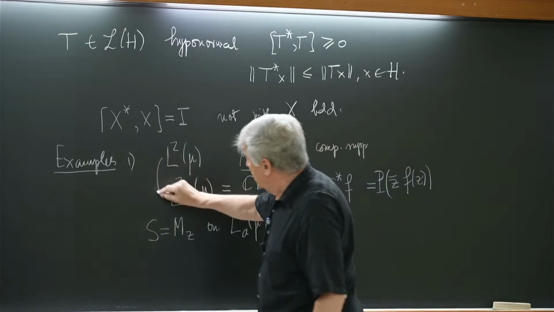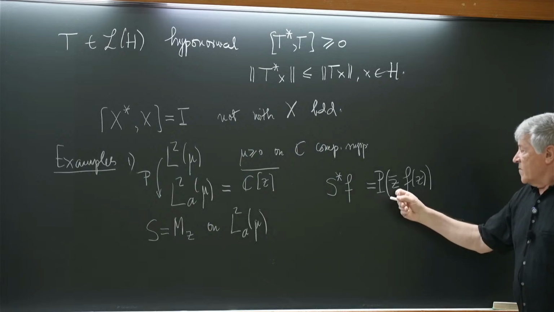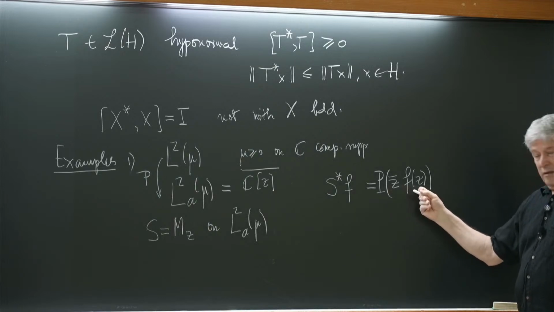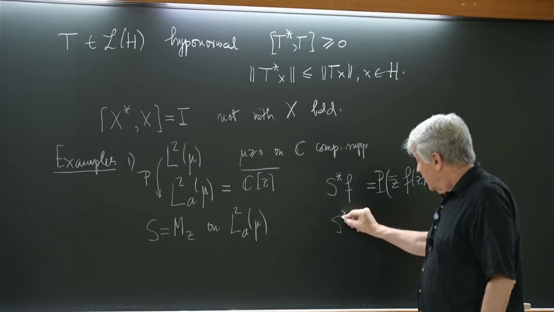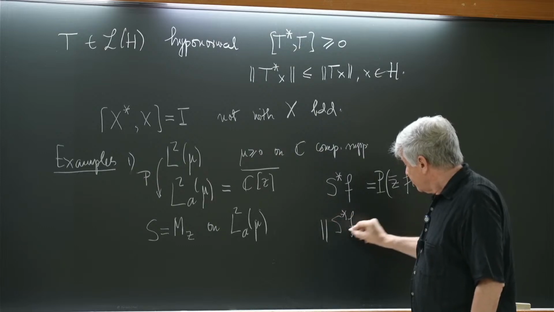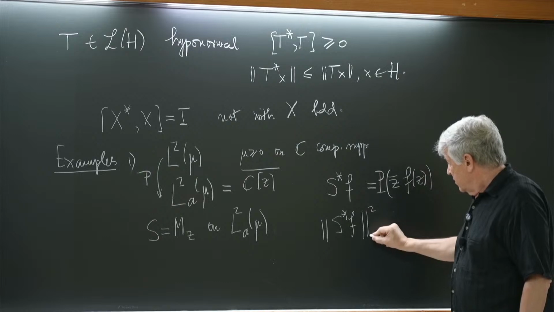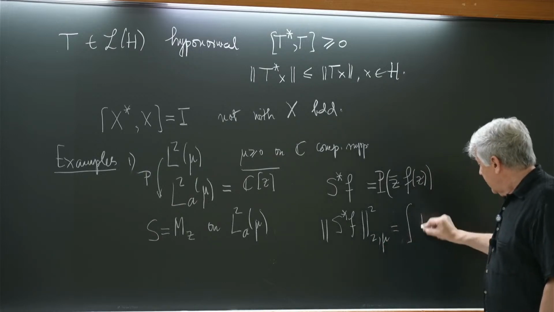Let's say P is the orthogonal projection. And obviously, this decreases the norm. So the norm square of S star f is the integral of this projection.